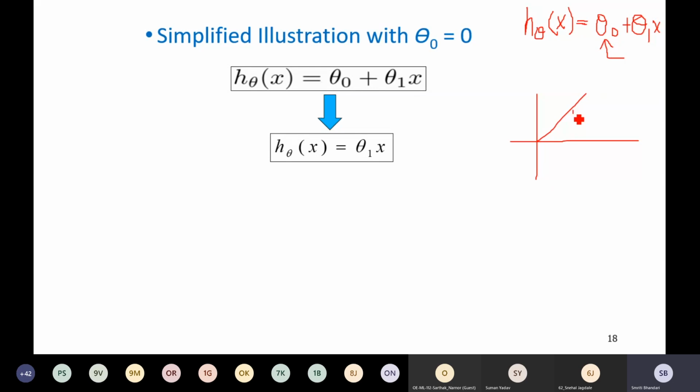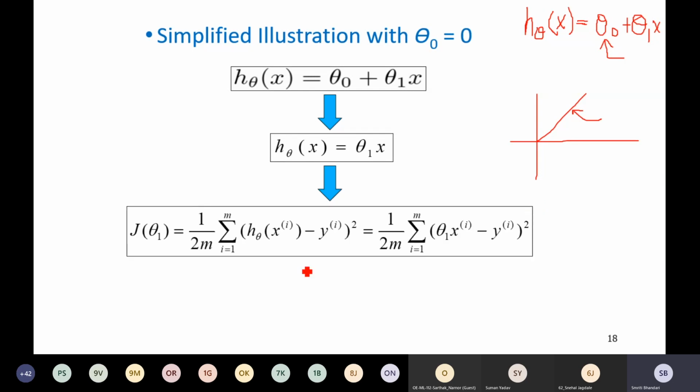I am going to find only the hypotheses that are passing through the origin. Is that correct? Are you getting me? Yes, ma'am. Because I am making my intercept 0. Okay. So I am talking now about the hypothesis h theta x equal to theta 1 x by making theta 0 equal to 0.